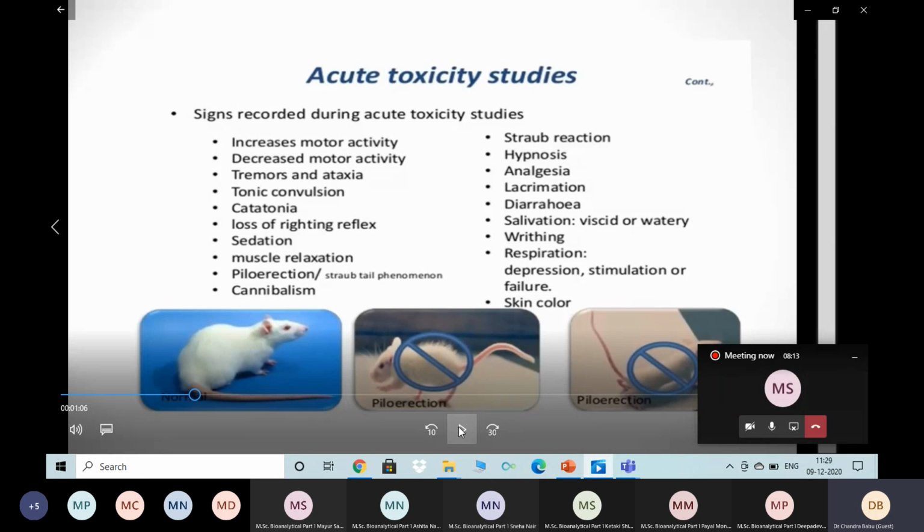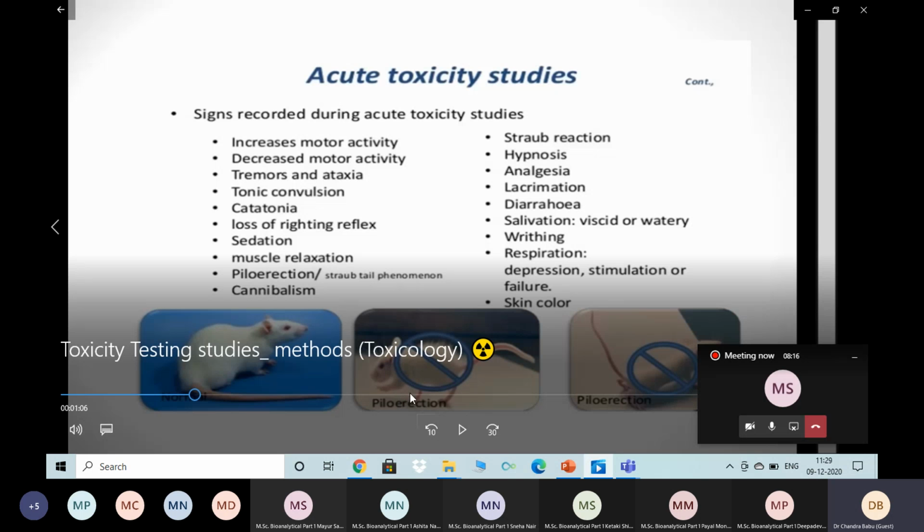You can see the center mice showing it out. So you can see the erected hair in that one. Cannibalism, you also say it as zombie effect.